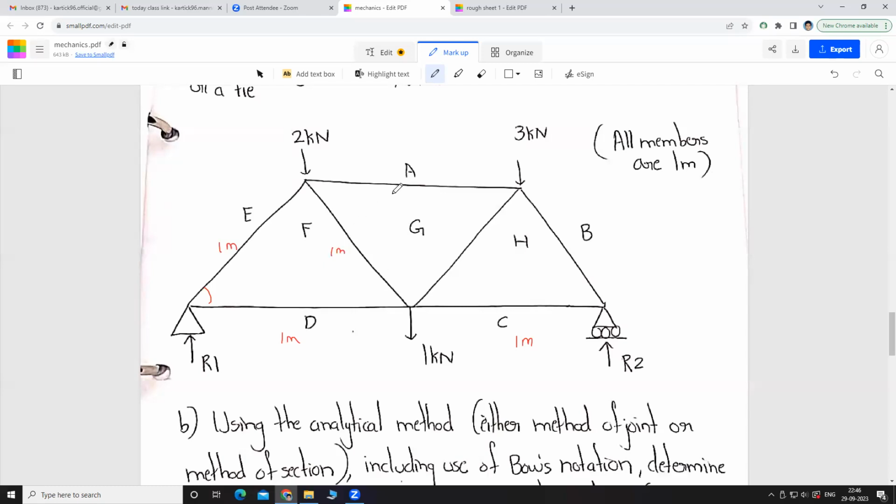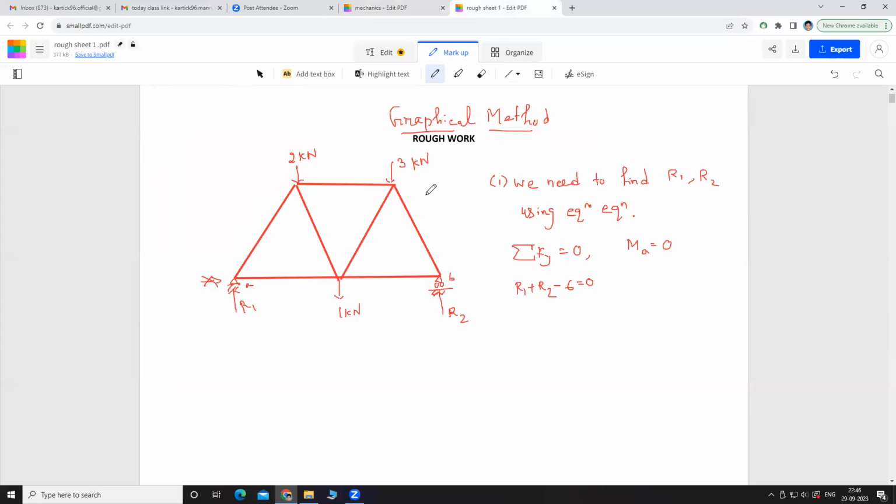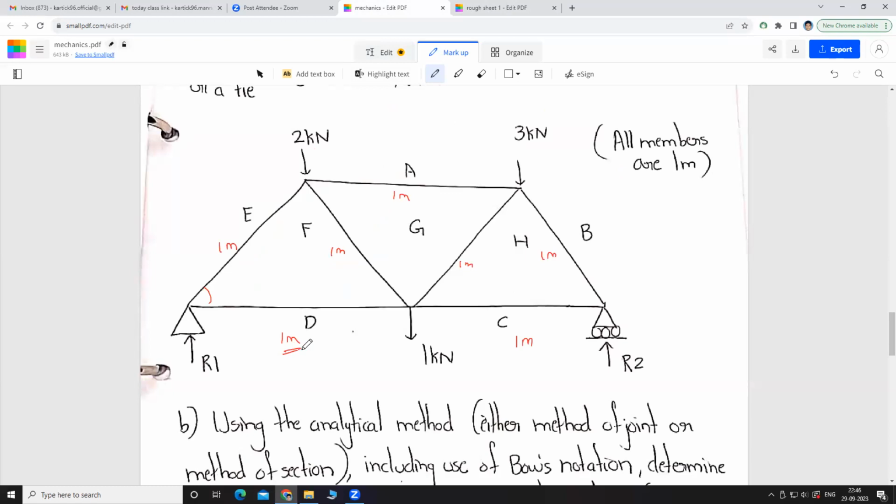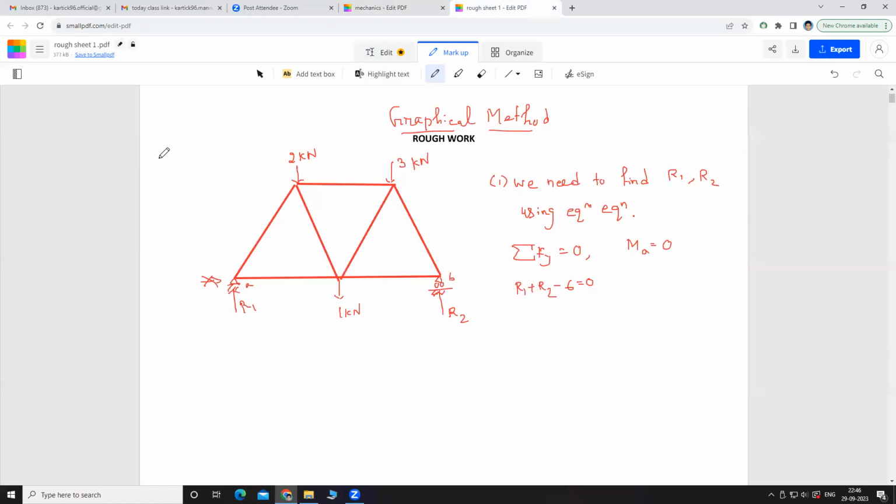Okay, fine. The first step is that you need to draw this one with proper scaling. This is 1 meter, right? In your page, obviously you can't draw a 1 meter length line, so we need to do scaling first. For this 1 meter, we will draw 1 centimeter.